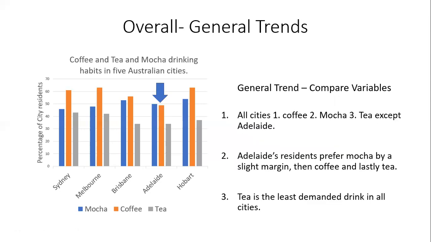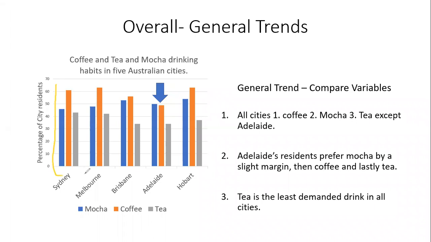Okay, so now we want to do our overall paragraph. We want to get the general trends and compare variables. If we look at this particular chart here, which I think in essence is quite a simple one, we can see that virtually all of them have the same trend.